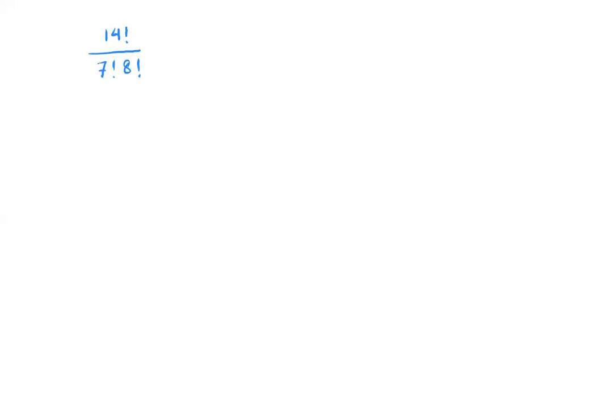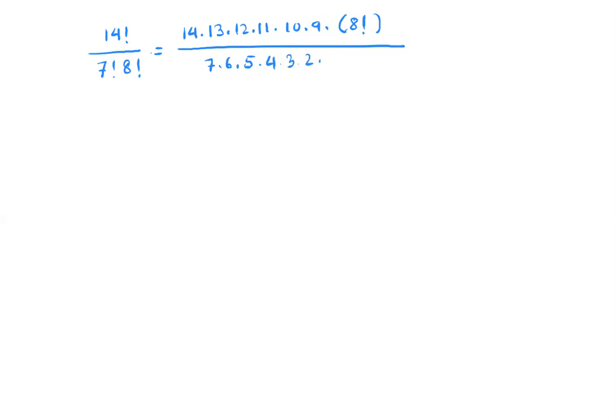So let's see what it comes out to. 14 factorial, I'm going to write down 14 times 13 times 12 times 11 times 10 times 9 times 8 factorial, right? And then 7 factorial is 7 times 6 times 5 times 4 times 3 times 2 times 1, then times 8 factorial. Now look, 8 factorial and 8 factorial are going to cancel out.